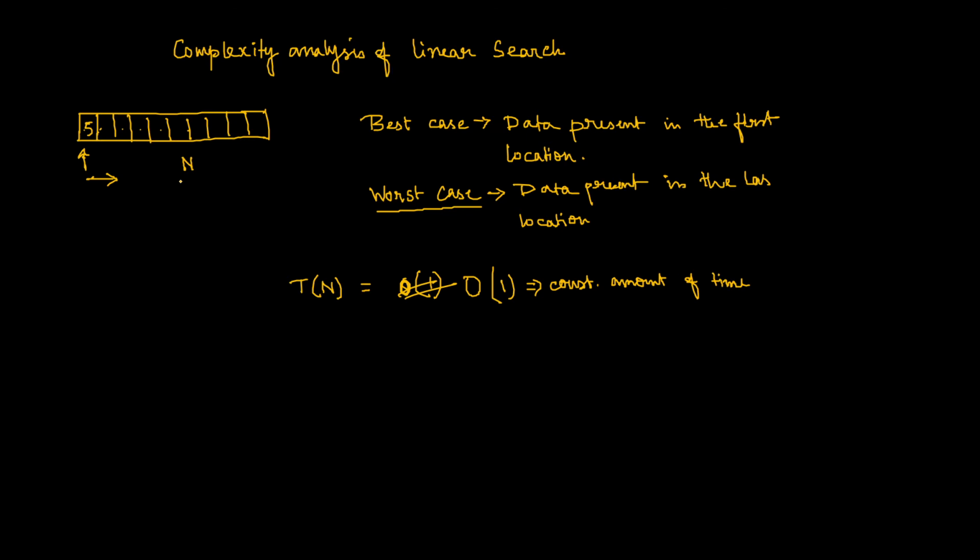If the number of data is 100, it will take 100 seconds. If the number of data is 10,000, it will take 10,000 seconds. So the time taken for n number of data will entirely depend upon this n.